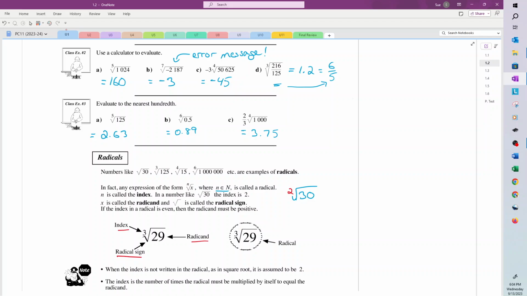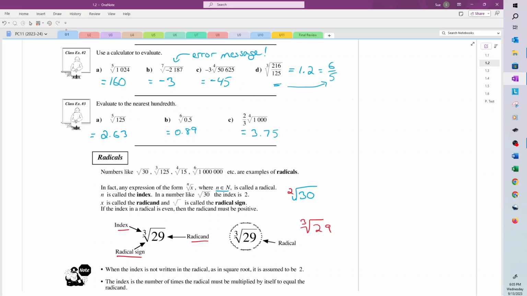One thing that I will caution you about is when you're writing things like this in your work, make sure that you clearly show which part is the radicand and which is not. I often get things on tests written that look like this, and I don't know if that is the cube root of 2 times 9, or is it the cube root of 29? I can't tell when it's written like that.